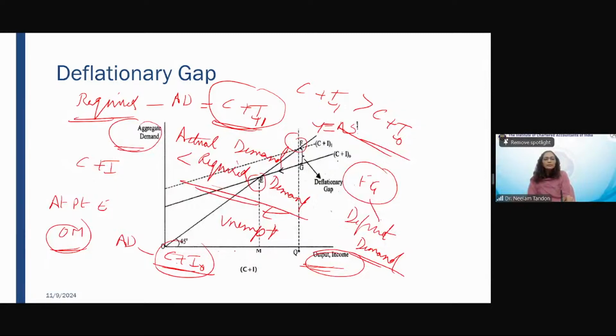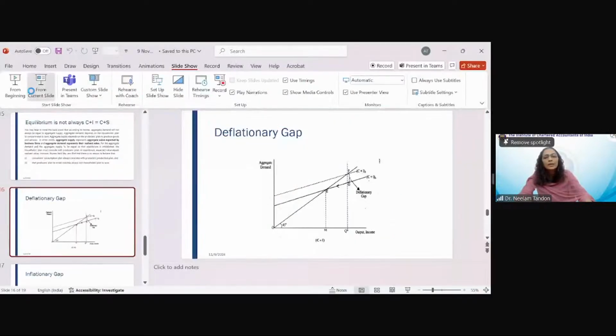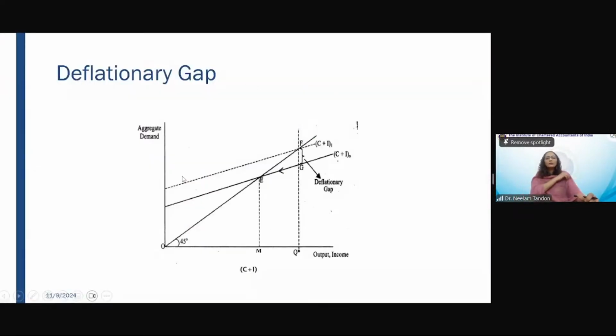There will be a low level of income. And as Keynes proposed, if there is deficit demand or a deflationary gap, then who has to take charge? Government. In this case, we are not talking about corporate, we are not talking about government. So this is only a two sector model.